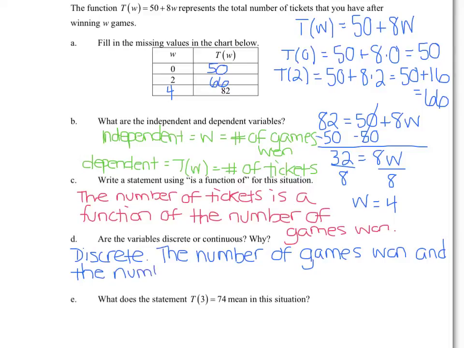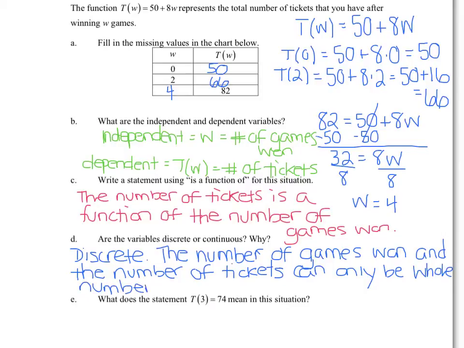So this is our dependent and our independent variables. Number of tickets can only be whole numbers. We can't win half a game. We can't win half a ticket.